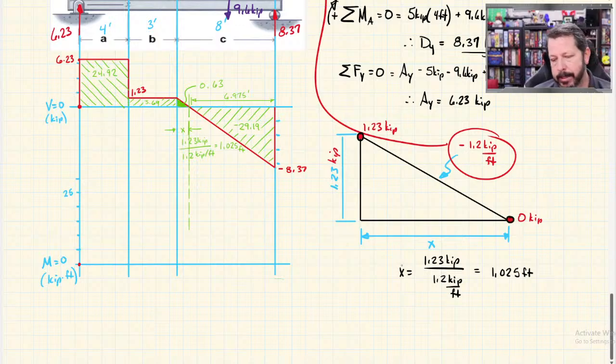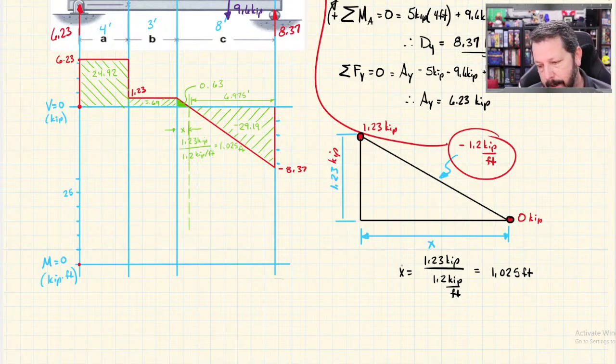And these are a little bit confusing because they're similar numbers. 1.23 is the height, and 1.2 kips per foot is the rate. But normally that's just coincidence that they're similar. Normally they're very different numbers. So you just take the 1.23 divided by the 1.2, and that's how far it takes you to get to 0.